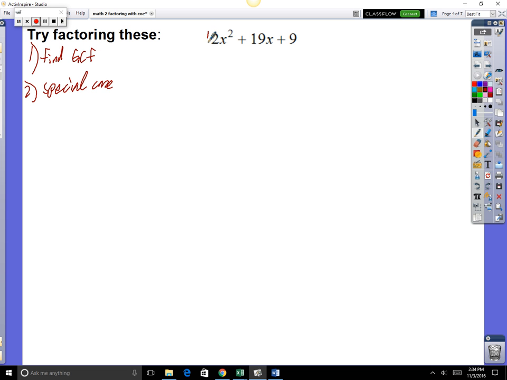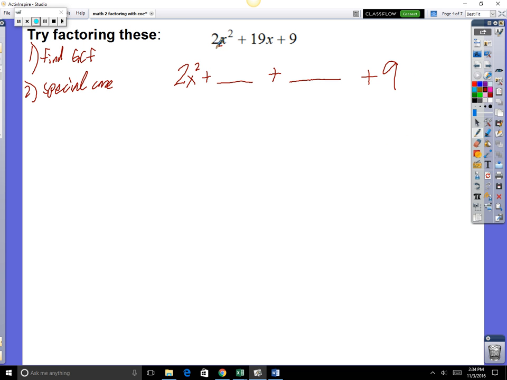Now, if it does not start with a 1, here is what we are going to do. Here is the plan. I'm going to take 2x squared plus blank plus 9.